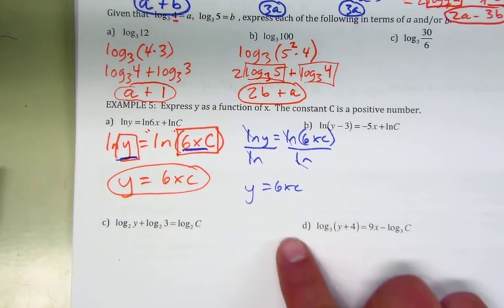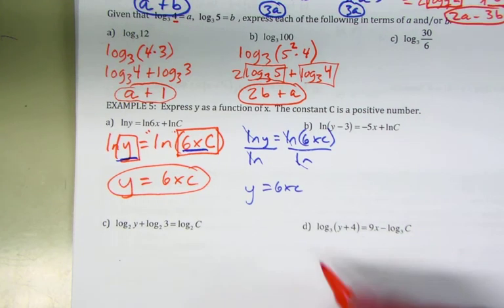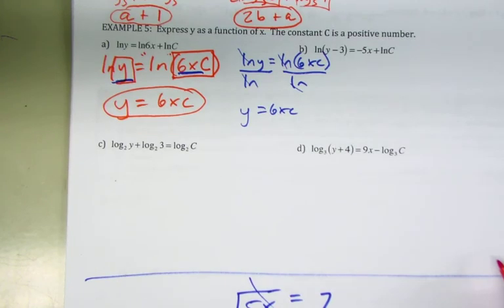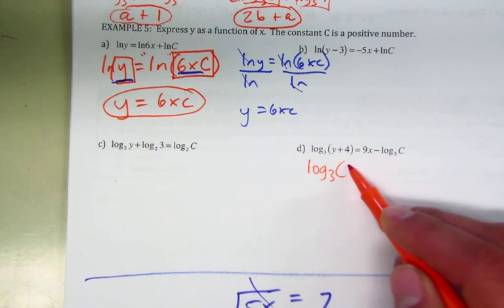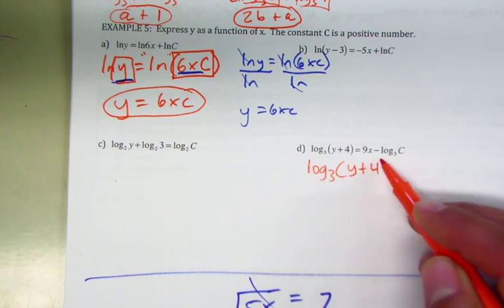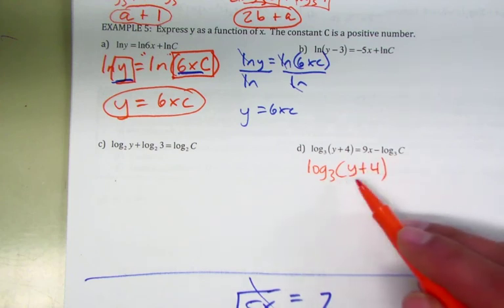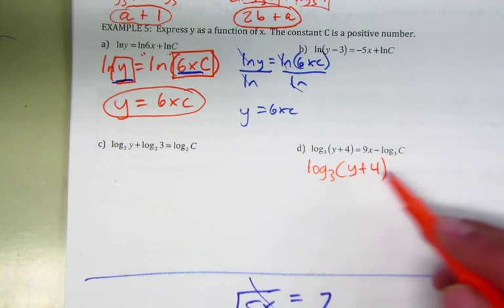Let's go ahead and do D. Okay. So we have log base 3 of y plus 4. We can't really split that up or do anything with that, right?